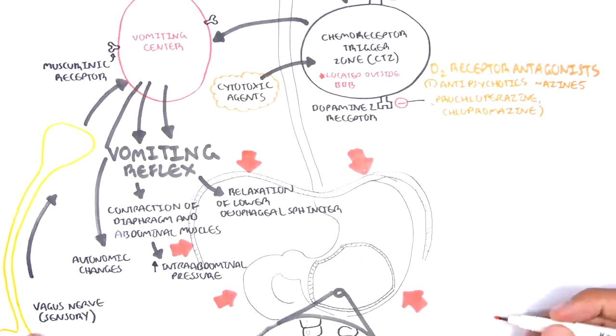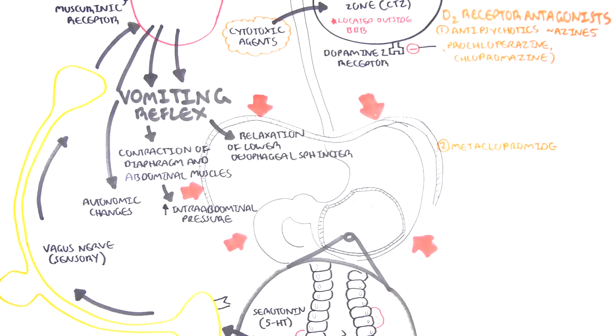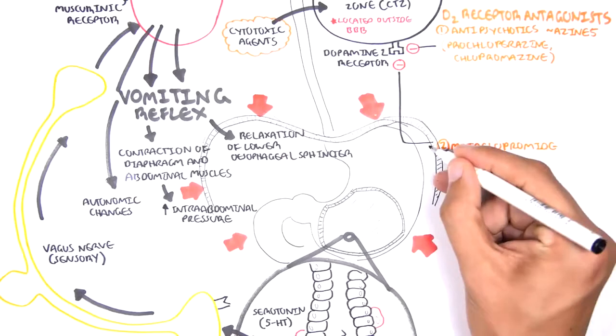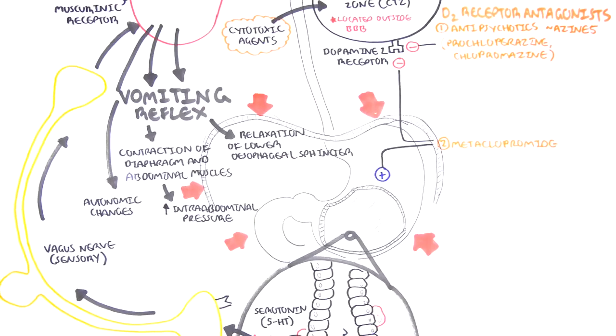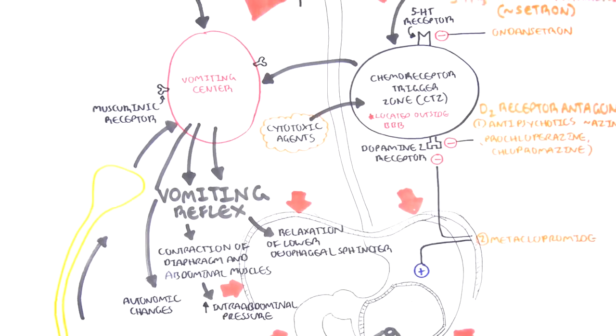The second group is metoclopramide, which inhibits dopamine 2 receptors, but is thought to also stimulate gastrointestinal tract activity. The final group is droperidol, which also inhibits dopamine 2 receptors, similar to haloperidol, and these are also used to treat schizophrenia. So those were the dopamine 2 receptor antagonist class.